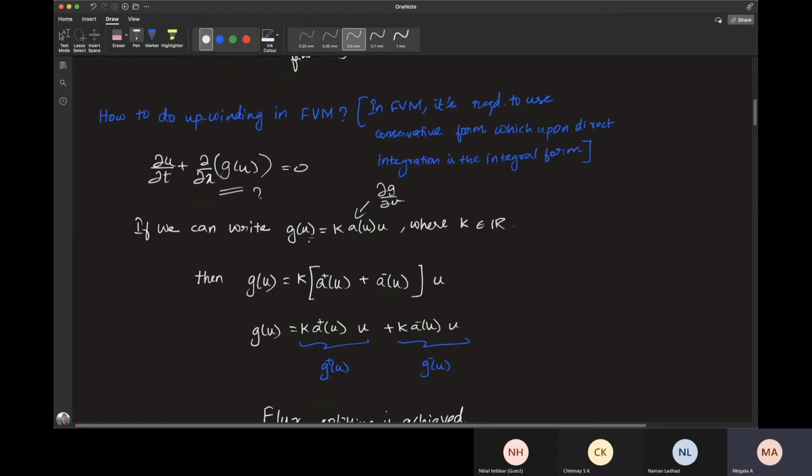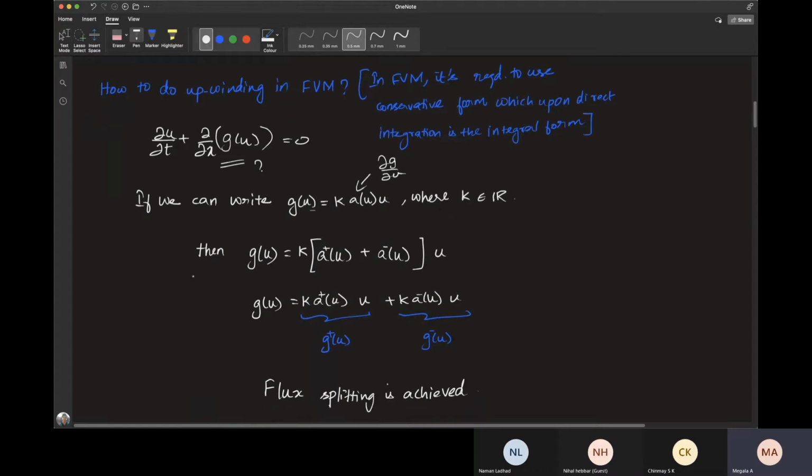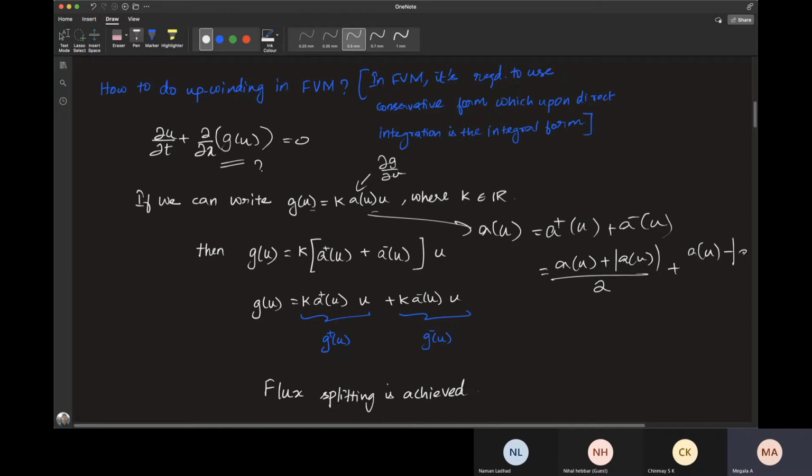If we assume that we can write g of u as k into dou g by dou u into u, where k is some real number, then g of u can be split up into k into a plus a minus into u. a of u is some number for which we can do Courant splitting: this will be a of u plus mod a of u by 2, and this will be a of u minus mod a of u by 2.